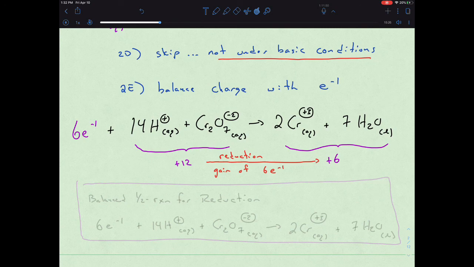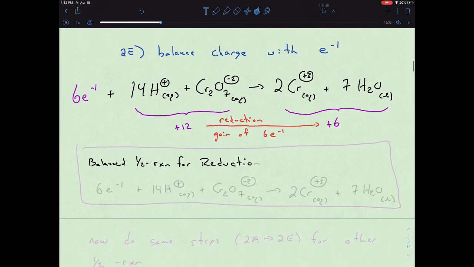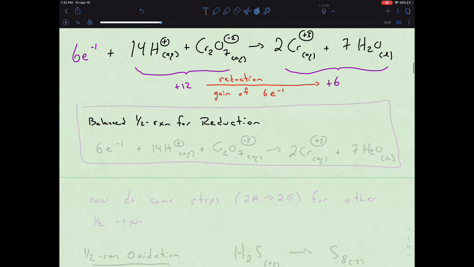So the balanced half reaction for our reduction is going to look basically like what we have there above.